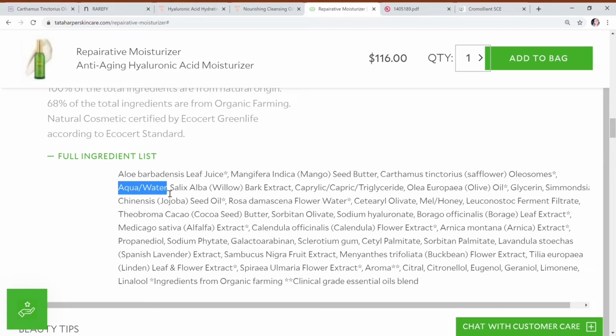I am guessing that this water is not an added ingredient into this formula, that it is part of an extract that's further down the list. A lot of times extracts, when you buy them from the manufacturer, are in a form of water, glycerin, and the herb, water, propanediol, and the herb, or water and a different kind of solvent and the herb.